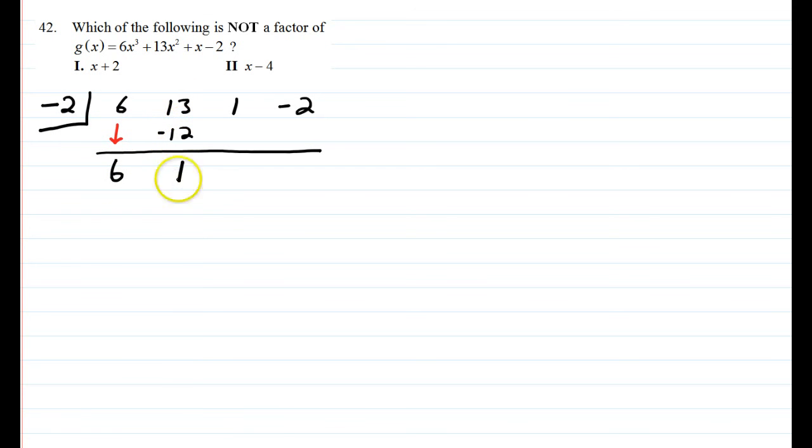Add gives us 1. Negative 2. 1 plus negative 2 is negative 1. Negative 1 times negative 2 gives us a positive 2. And negative 2 plus 2 is 0. So since we get this 0, that means that x plus 2 is a factor.